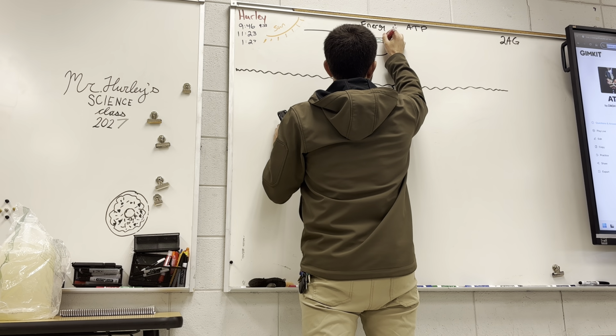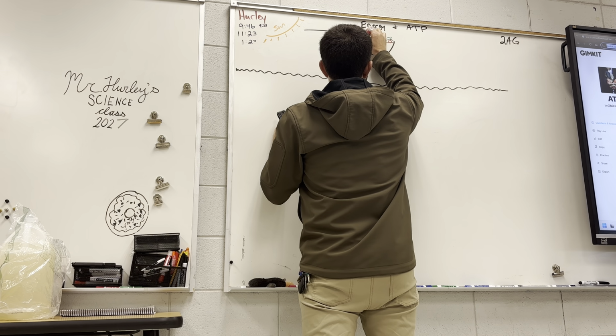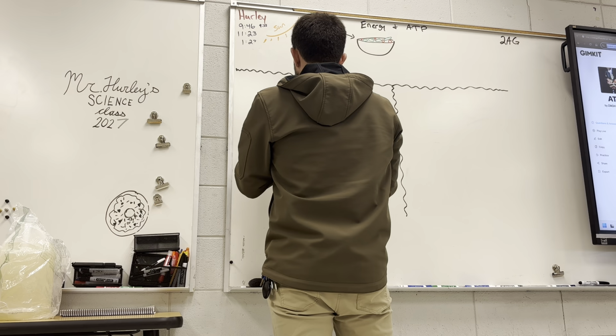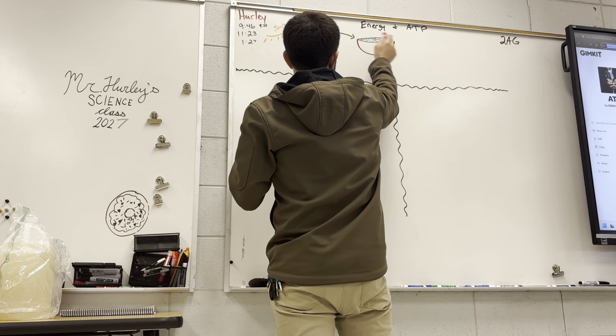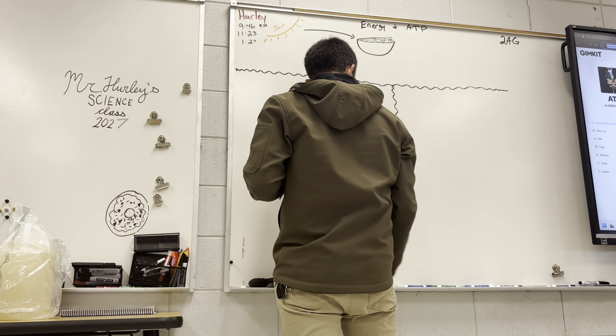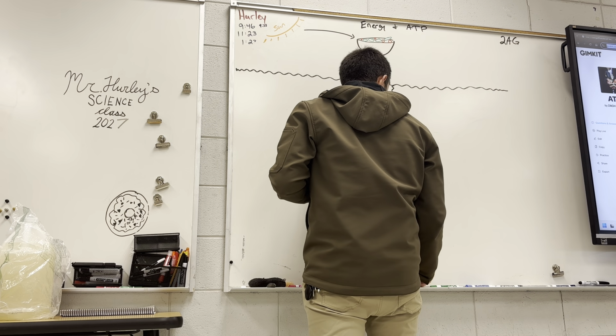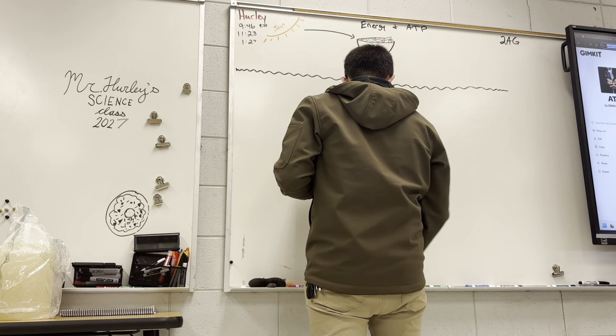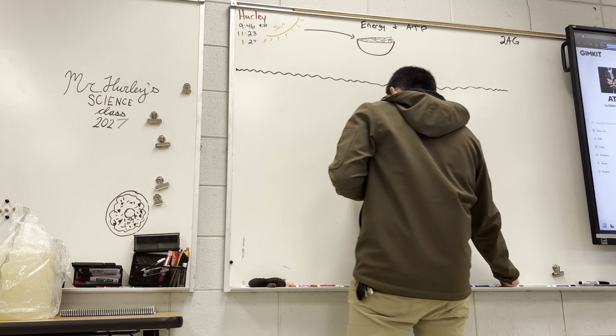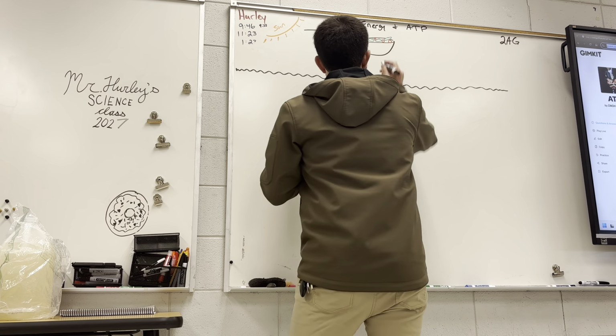A little bit of red. What do y'all think this bowl is? It's getting energy from the sun. These things came from the sun, so they're plants. What do you think it is? This is a salad.